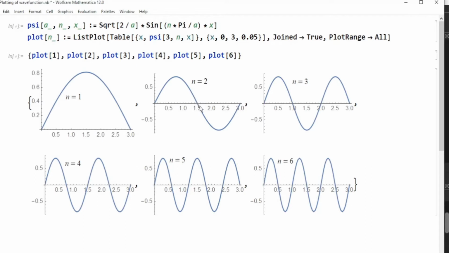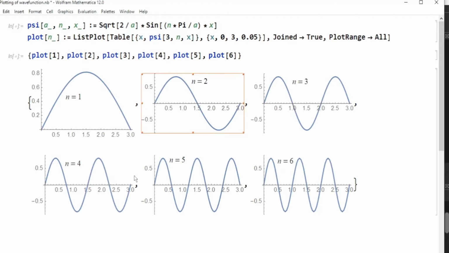For example, for n equals 2, the wave function is 0 at the midpoint of the box, that is at x is equal to a divided by 2. Such points are called nodes of the wave function. That is, a node refers to a point other than boundary points where the wave function goes to 0. If we carefully look at this plot, we see that the number of nodes is equal to n minus 1.